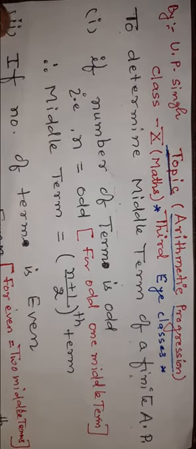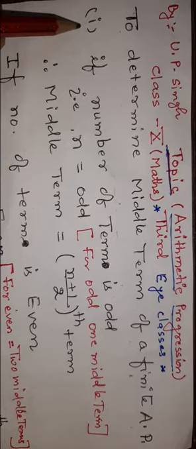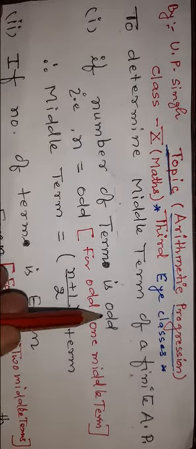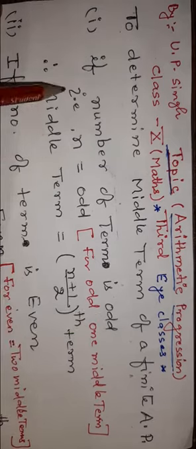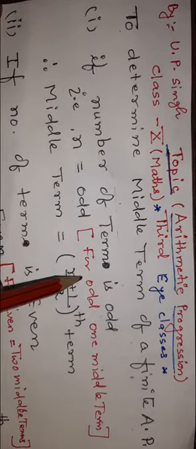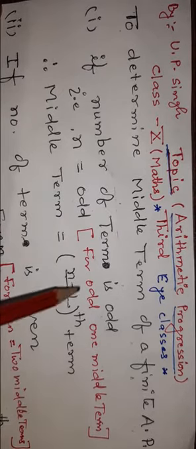Here students, first of all we have to know some rules before finding the middle term from a given AP. Here the first, if the number of terms is odd, that is n is equal to odd, तो इसमें एक मिडिल टर्म प्राप्त होगा.